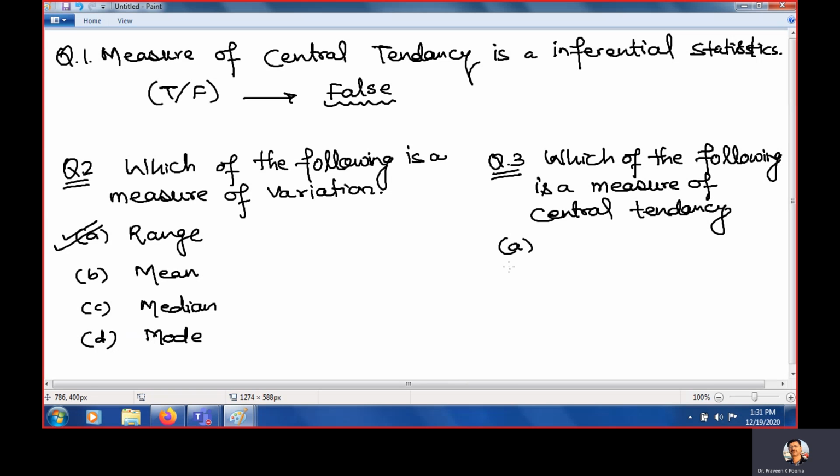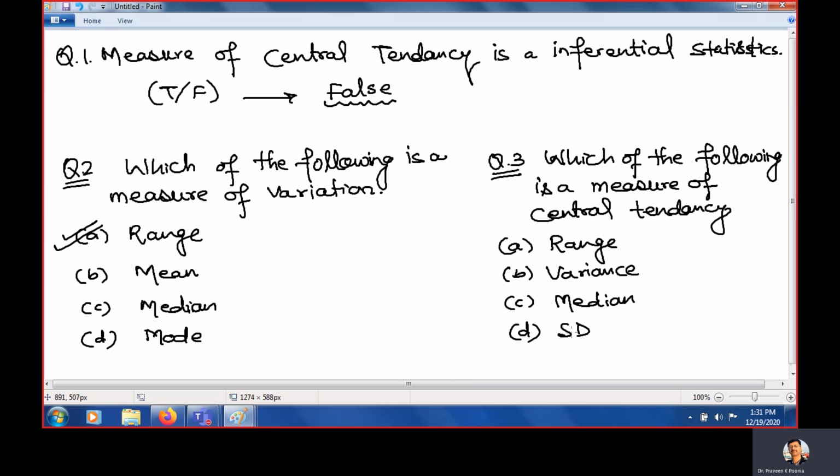Options A, B, C, and D. The first option is the range, then the variance, then the median, and then the standard deviation, SD.